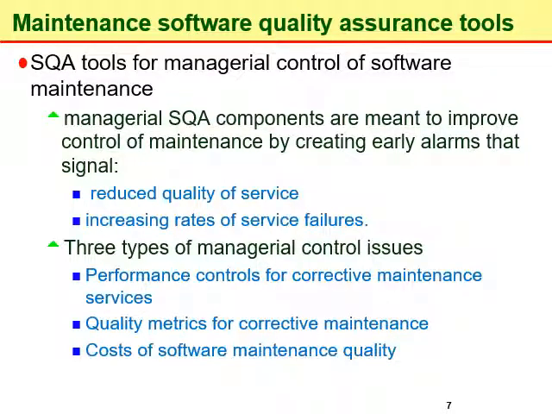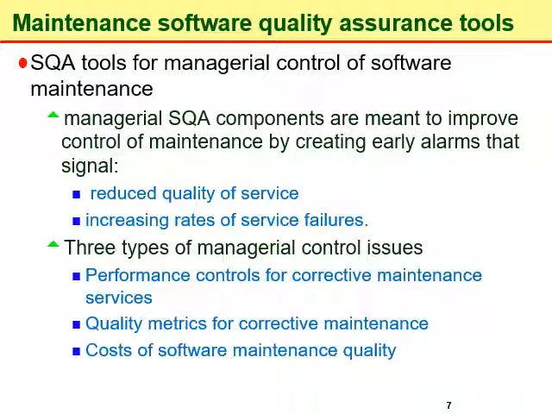The next tool we discuss is the software quality assurance tool for managerial control of software maintenance activities. Using the specialized managerial control SQA tools for corrective, functionality improvement, or adaptive maintenance helps in improving the control of maintenance activities by creating early alarms that signal reduced quality of service and increasing rates of service failures.